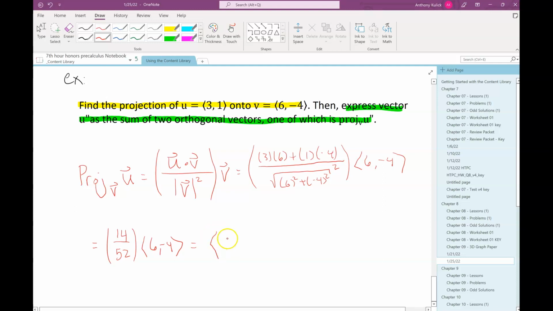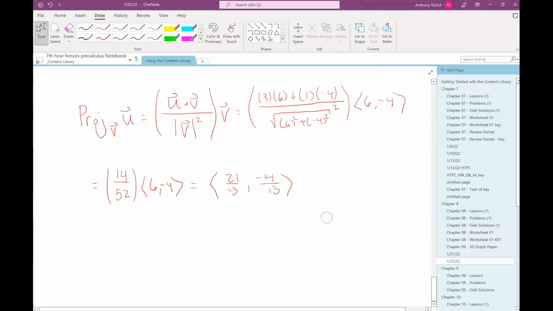But when I scalar multiply that in and reduce everything out, what does that get? 7 times 3, so 21 over 13. And then 7 times negative 14 over 3, or 13. So I just reduced the fractions when I did that scalar multiplication, which is how I got those odd-looking fractions.